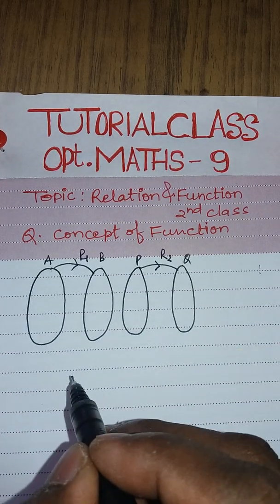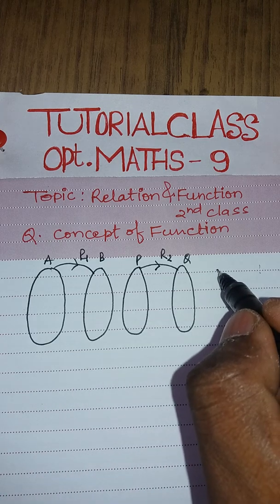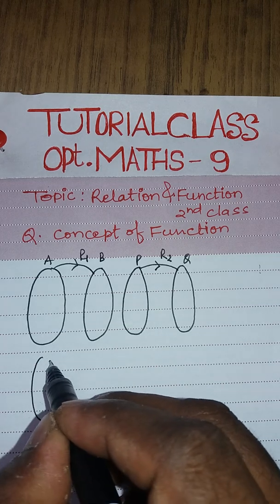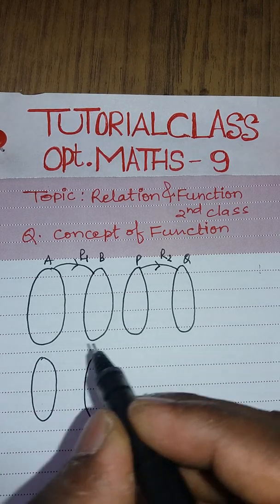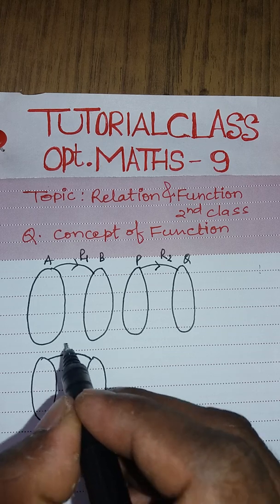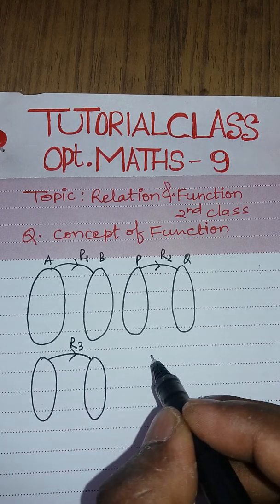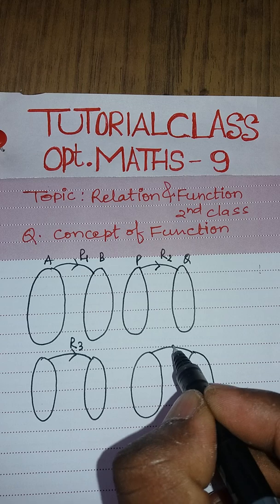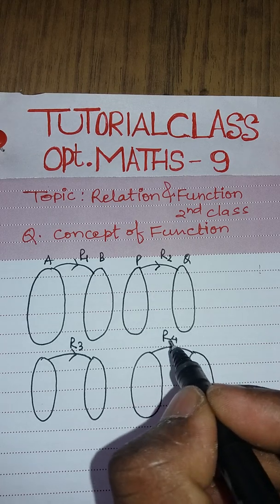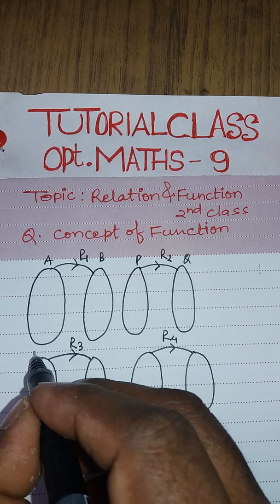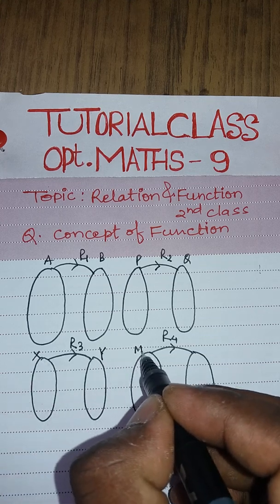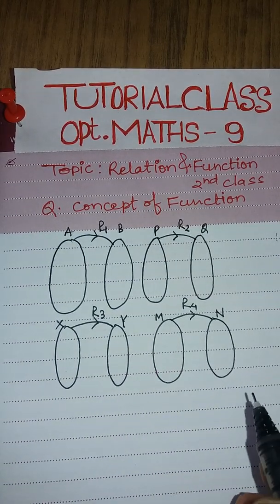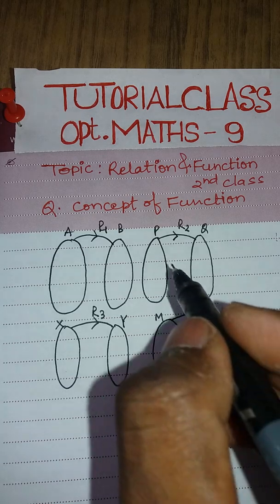Third one, arrow diagram. It is denoted by R3, and fourth one, arrow diagram. It is denoted by R4. I am going to set up the relations in the arrow diagrams.